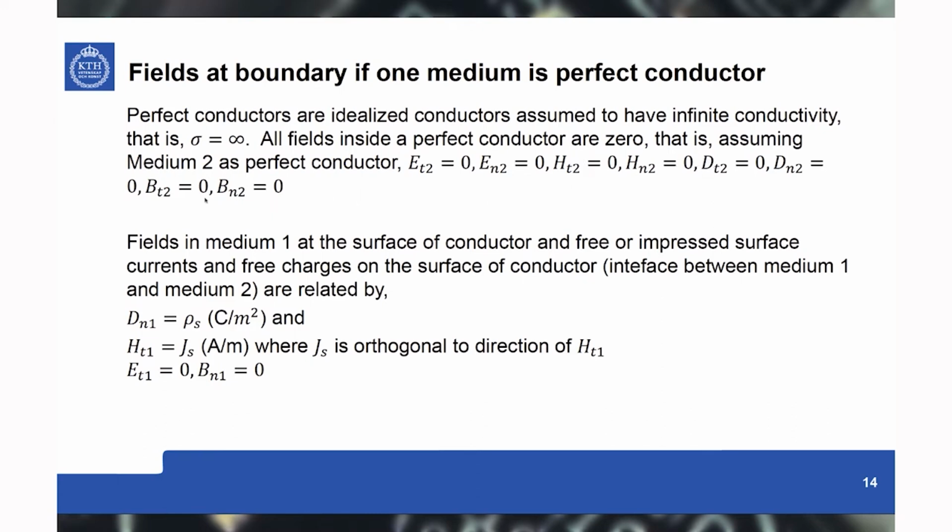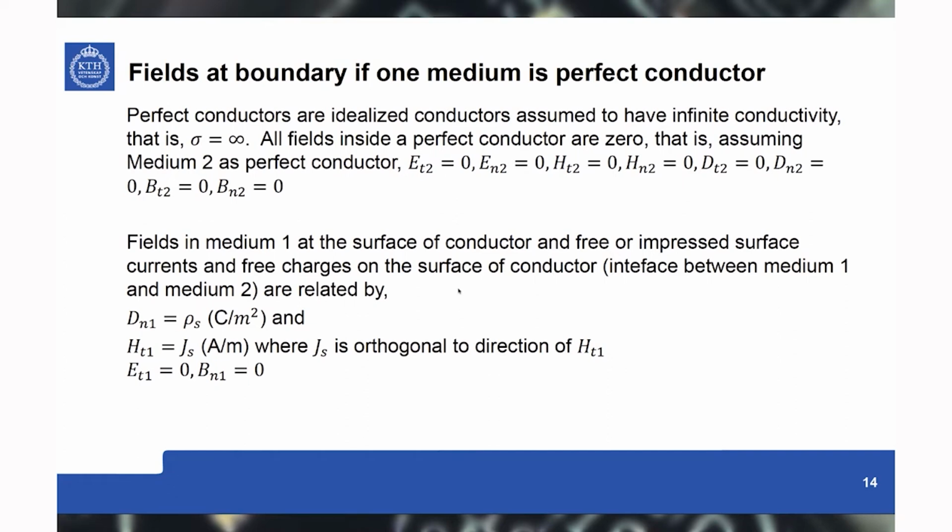Then what will happen to fields in medium 1? It will impose some restrictions on what the field components in medium 1 can be. Fields in medium 1 at the surface of the conductor, and free or impressed surface currents and free charges on the surface of the conductor, that is the interface between medium 1 and medium 2, are related by certain relationships.